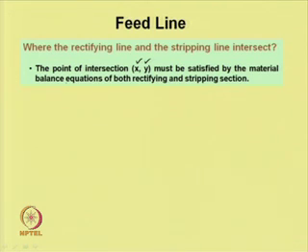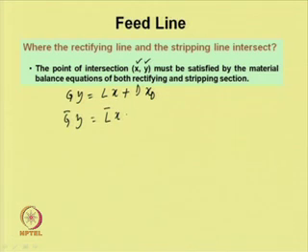If we do the material balance for both the sections, G times Y is equal to L x plus D x d, and G dash Y is equal to L bar x minus W x w.